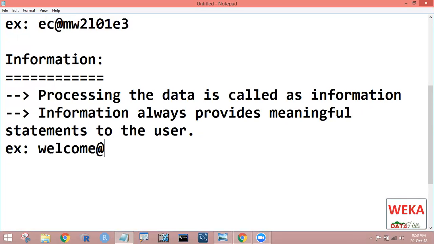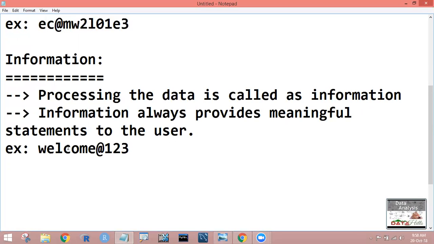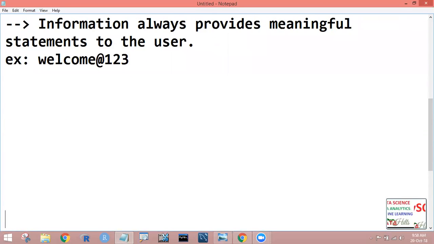It is "welcome at the rate 123". See, it is giving some information, some meaningful statements to the user. That is why we call this information. The raw fact is called data, and the processed data is called information. That is the main difference between data and information.